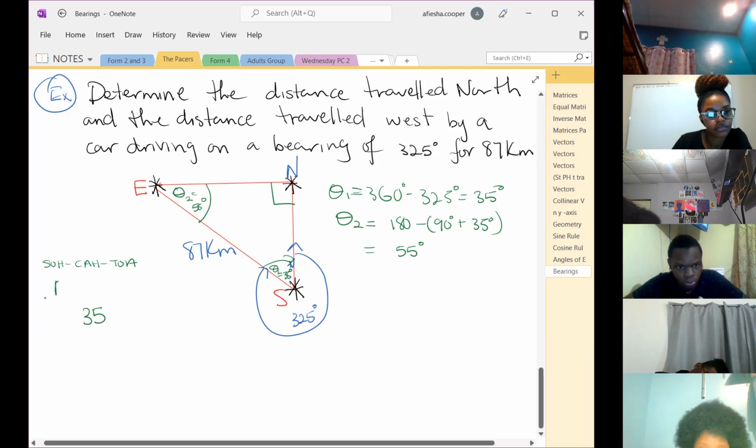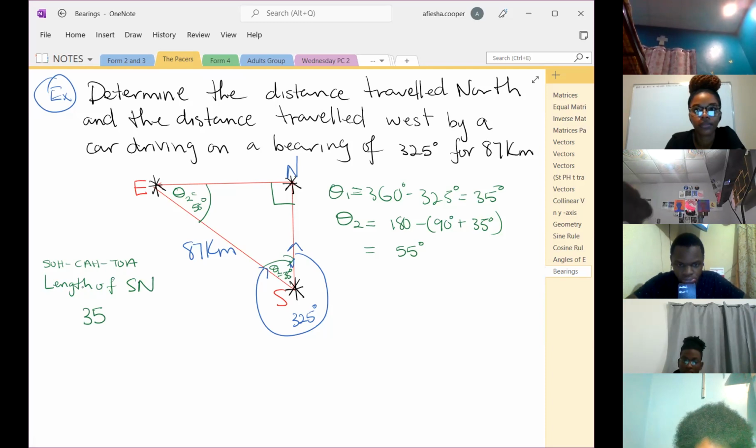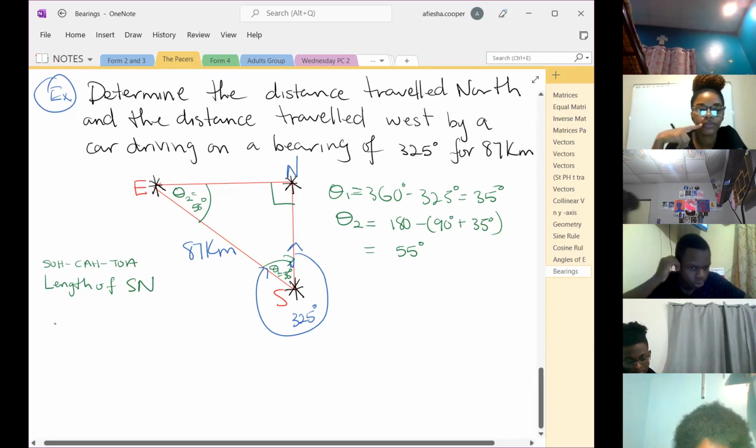So we want to work out the length of SN. Which one of the trigs would we use?